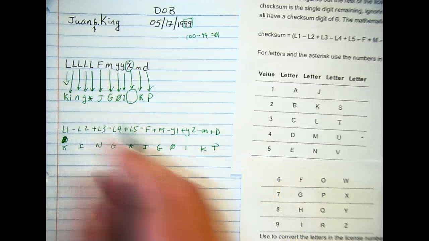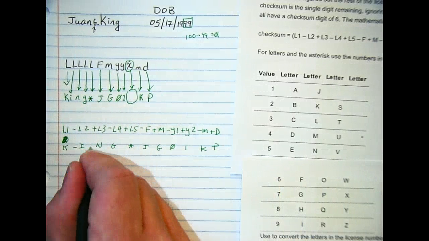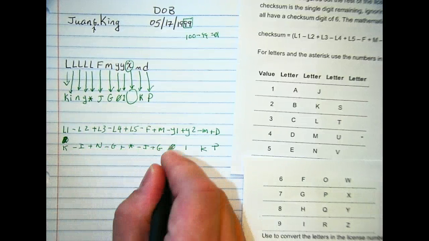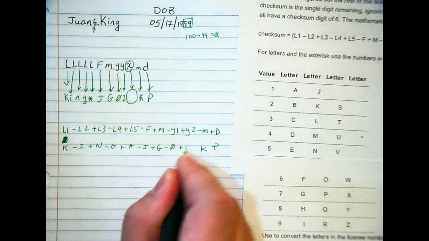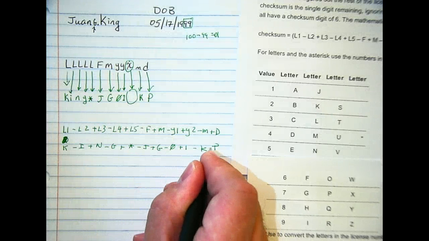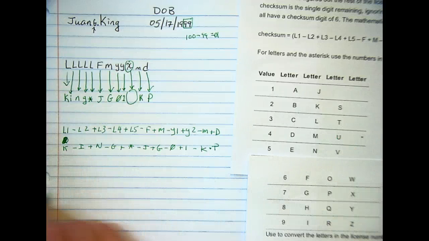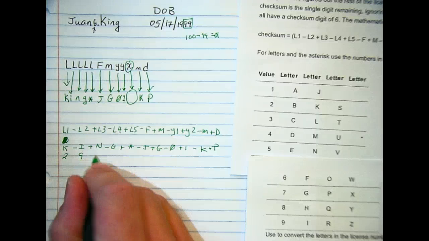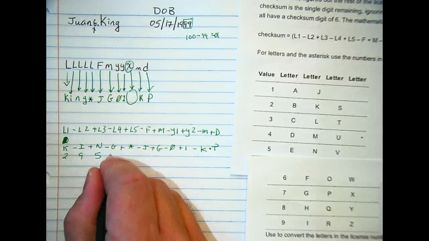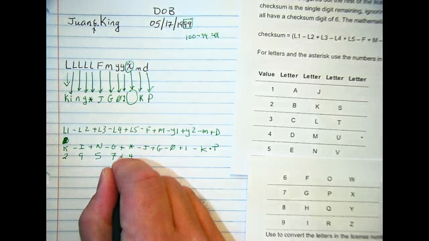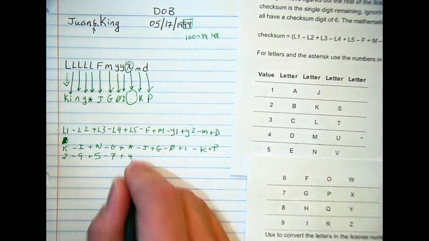So they take everything we currently have and they assign values to it, and that helps you to find that last digit. So K would be 2. 2, thank you. I is 9, N 5. 5, 7. 7, 1. 4, 1.